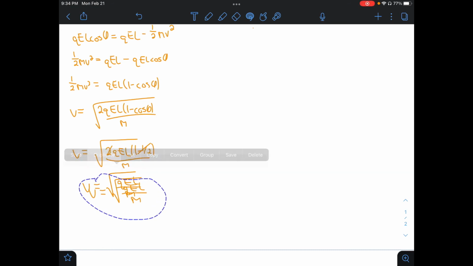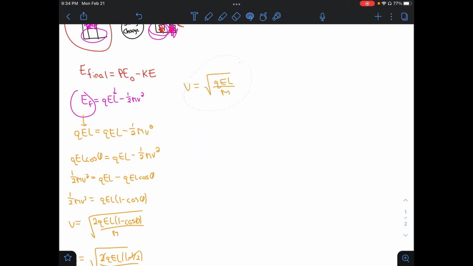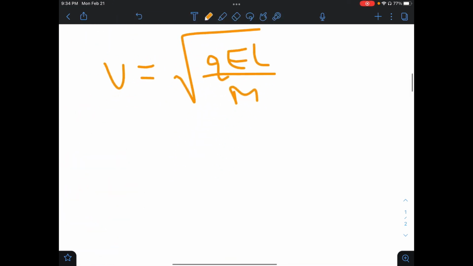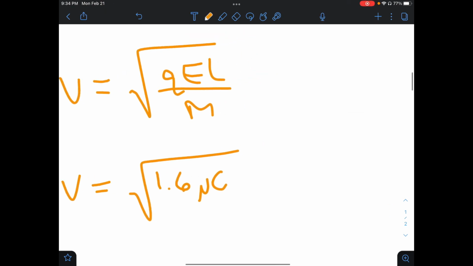I'm going to start back up here so I can see the picture again. Okay, we got that, and we're solving for velocity, so that's cool. Now our charge was 1.6 times 10 to the negative 6. Oh shoot, I did that twice. Now let's see if it was 310 or 315. 310 volts per meter, I think.